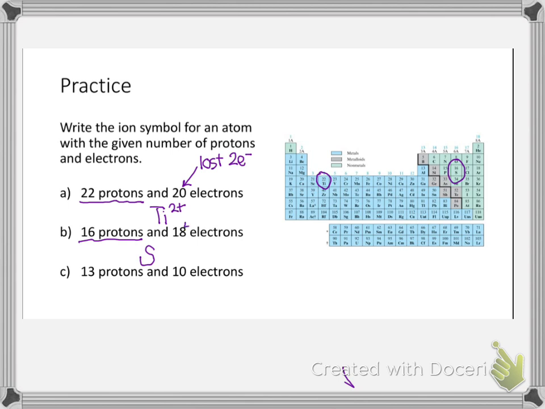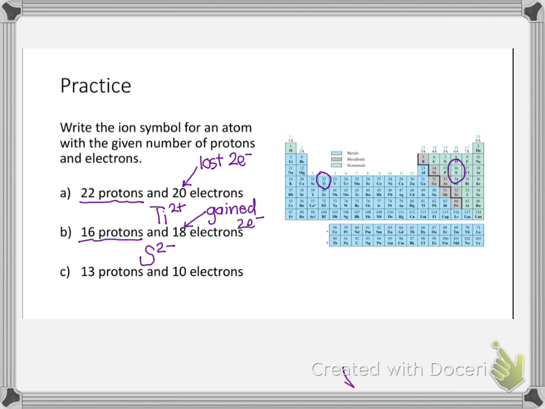But when I look here at 18, this particle has gained 2 electrons. So gaining electrons creates a negative charge because electrons are negative, and you would have more negative than you did positive from the protons. So since I gained 2 electrons, this would be S2 negative.